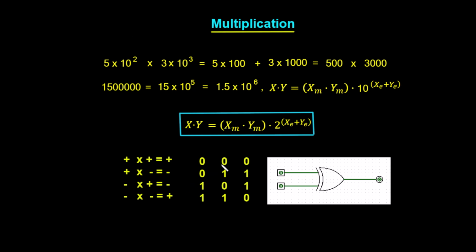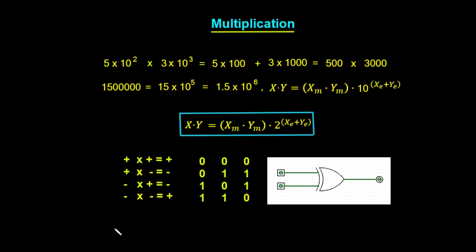So in effect we've got this little truth table here, and this is the truth table for an exclusive OR. So in order to deal with the sign of the final value, we just need to exclusive OR the signs of both the inputs, and the exclusive OR will tell us the sign of the multiplied output.